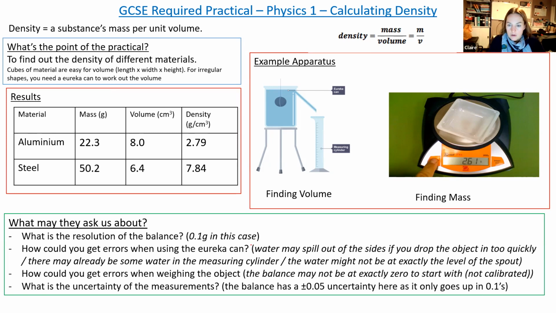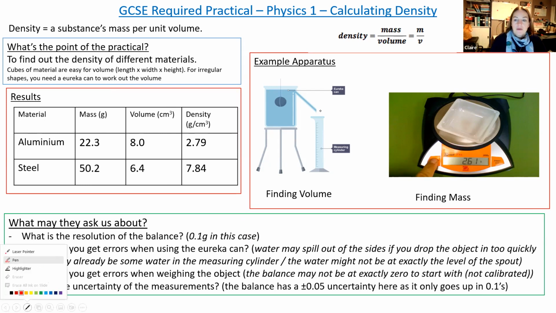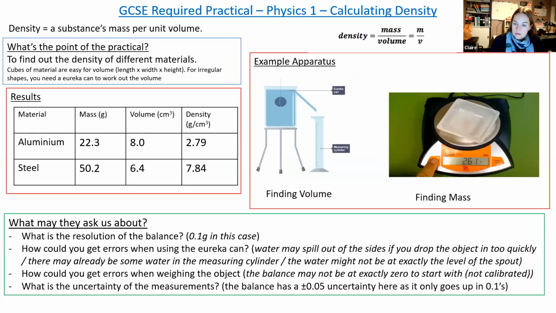What you've got to remember, be careful with the questions, is they might ask what's the density of a regular or an irregular object. A regular object is something like a cube where you can measure all the sides.